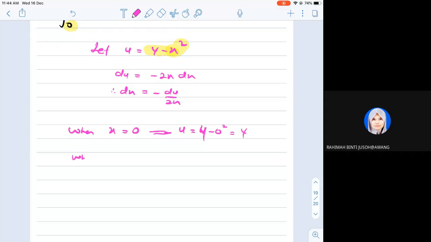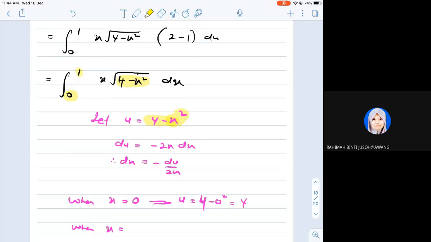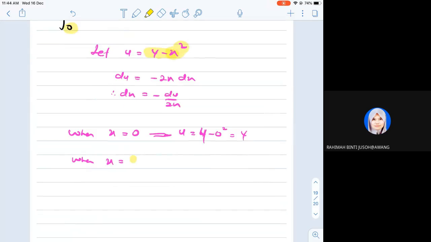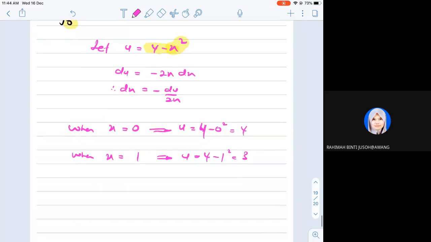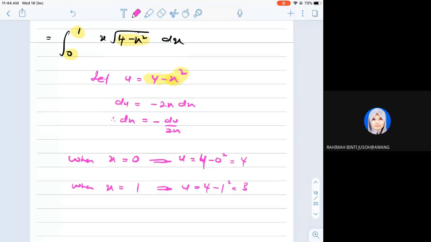And then when x equals, apa lagi limit atas dia? Equals 1. When x equals 1, we will have u equals 4 minus 1 squared. So we will have 3. Okay, therefore guys, what happened?